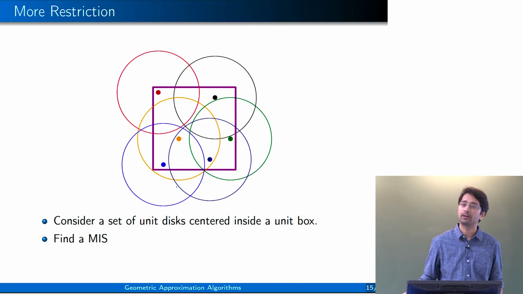Okay. Hint. How many disks can there be in the maximum independent set in this particular case? Can there be 5 disks which are independent? 2, 3, after the class you can debate about it. The point is it is constant. How many subsets of size 2 are there?